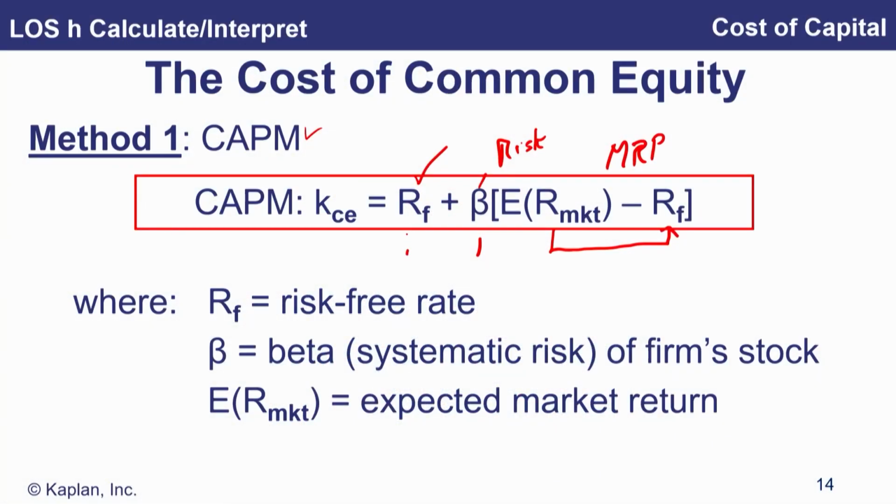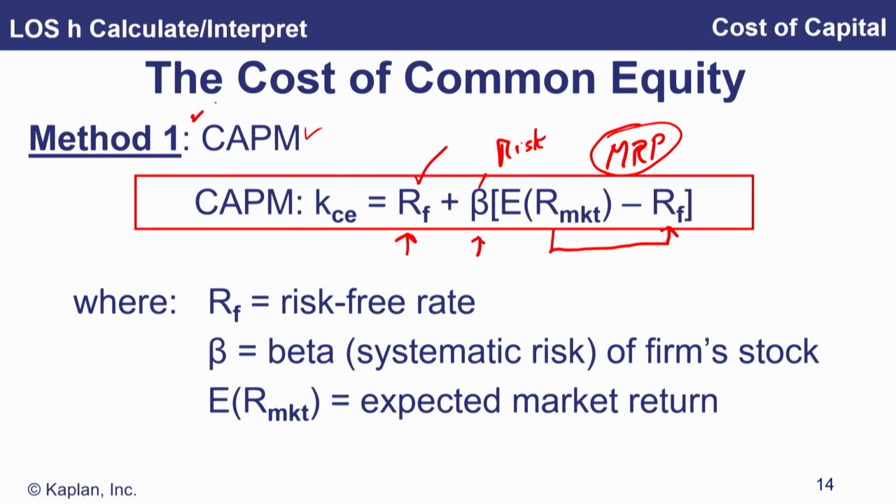Risk-free rate plus 1 market risk premium for every unit of beta or market risk that we take on. So, long explanation for here, but we'll get more later in portfolio, as I said. So this is one way, this is method 1 of estimating the required rate of return on common equity.